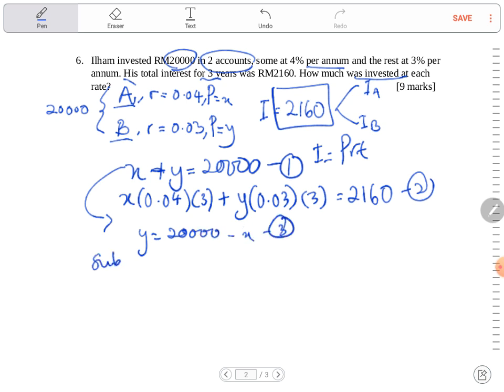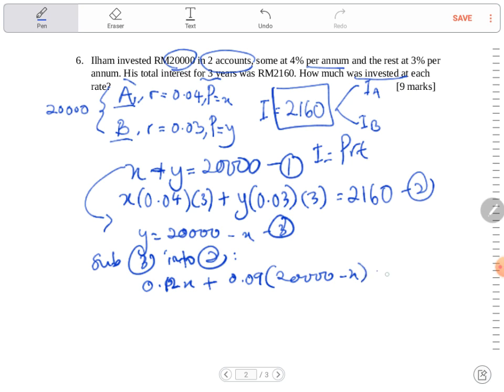We can sub equation 3 into equation 2. Okay, so after we sub, we will have 0.12 of X plus 0.09 of Y, what is Y? 20,000 minus X, equal to 2160. Now we can solve for X. So you just have to expand and let X be the subject. So later you will find out what is actually X and what is actually Y.